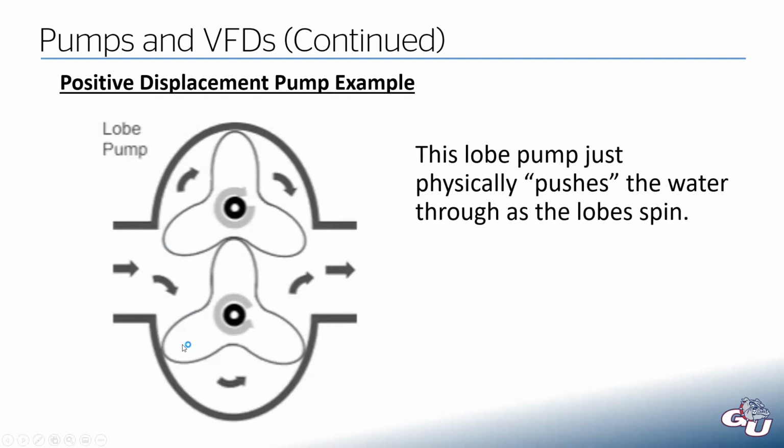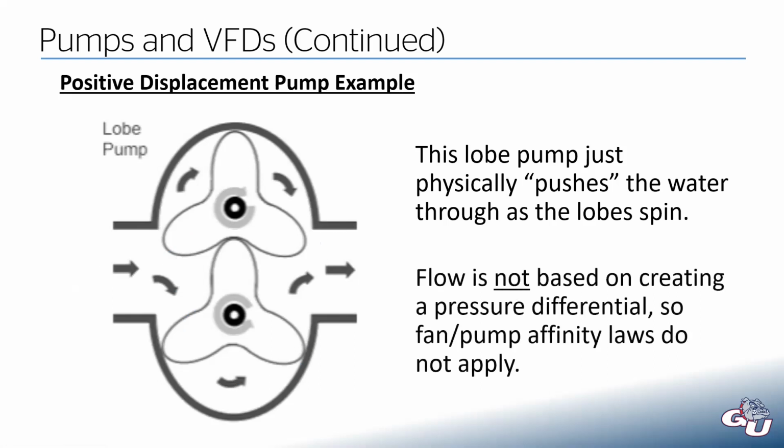So they push water around the outside edge, which then joins up right here and then just gets pushed through and then works its way through the system until it comes back the other side. So this isn't creating flow through a pressure differential. It's just physically pushing the water through the system. And so because of that, the affinity laws are not going to apply.